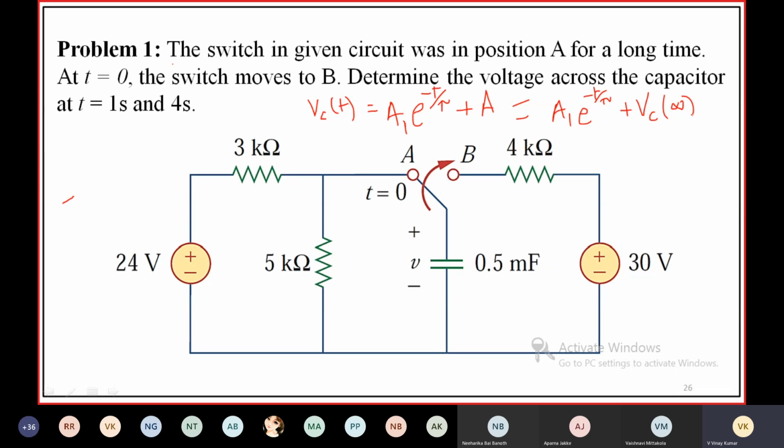A is the steady state value, the voltage across the capacitor when time approaches infinity.